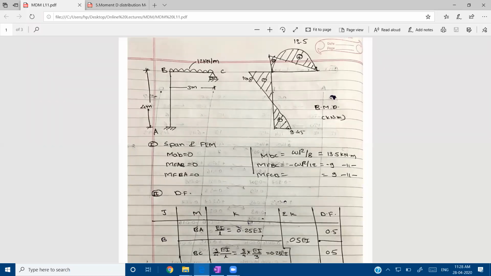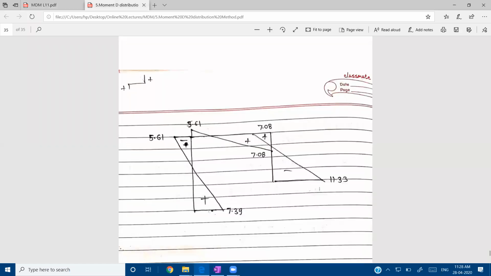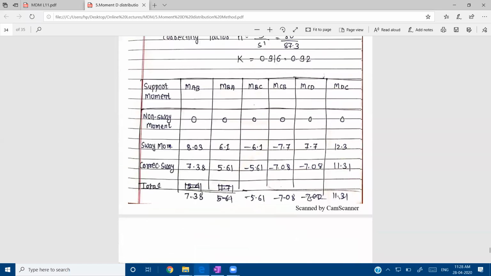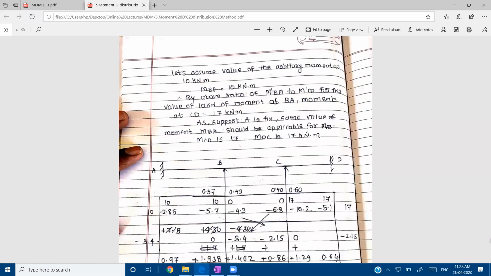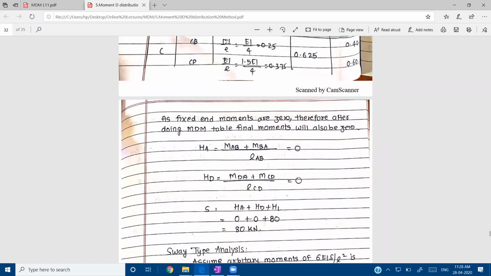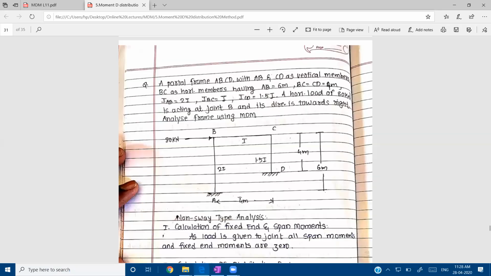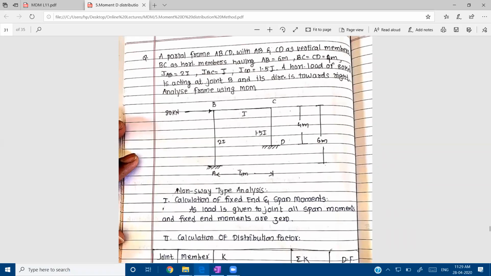Okay, so this is the problem which we have solved right now. I have provided it in your WhatsApp group, and whatever combined notes are provided are there also. There is one non-sway type portal frame. So in short, we will see this problem. First, on point B, a horizontal load is acting.